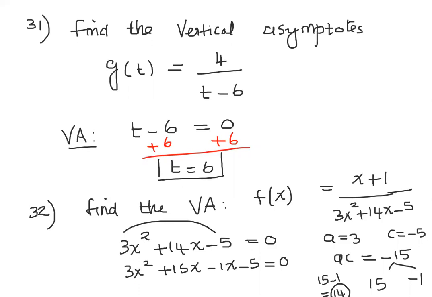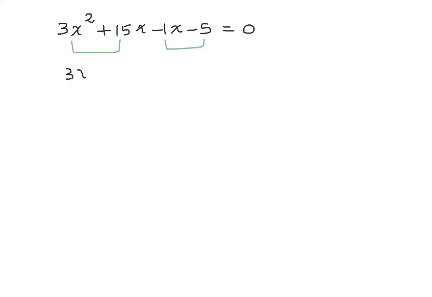Now use grouping to factor this. So we group the first two and the last two terms. In the first group, 3x is common, so we get 3x times x plus 5.